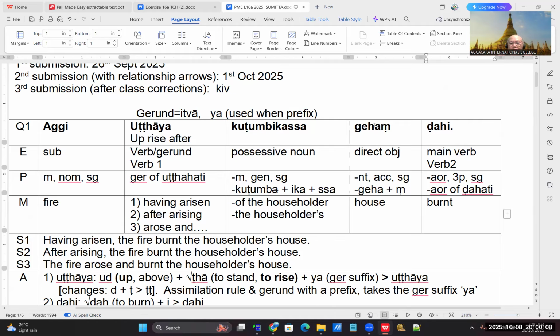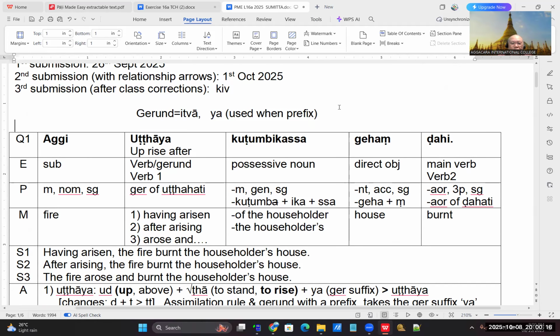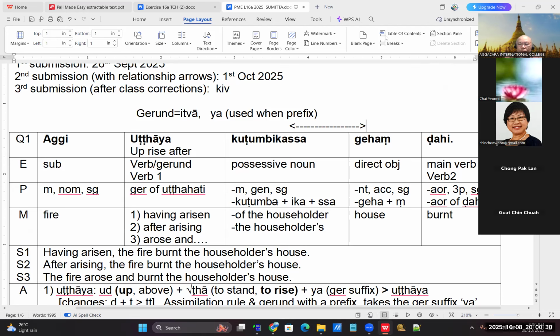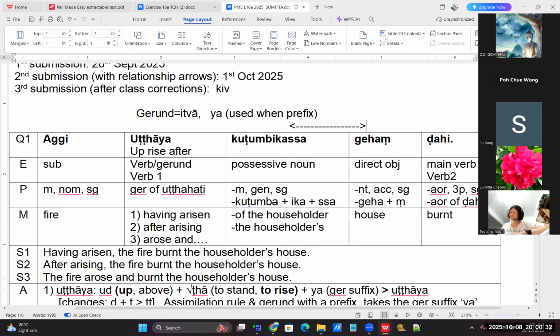Now the object will be geham, house. House of whom? If you want to draw an arrow, you should draw an arrow between these two, because these two are linking with each other. Whose house? It's the house of the kutumbika.